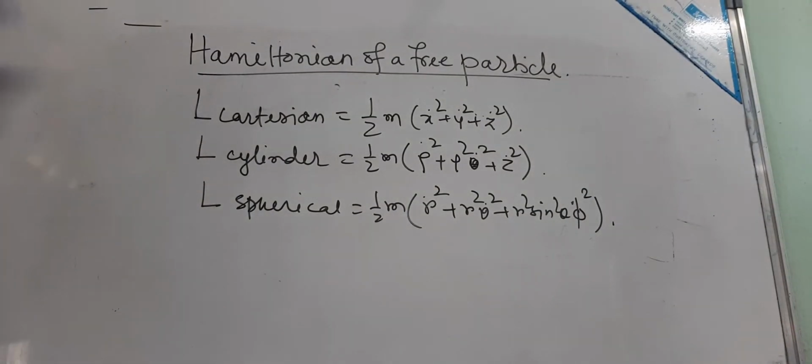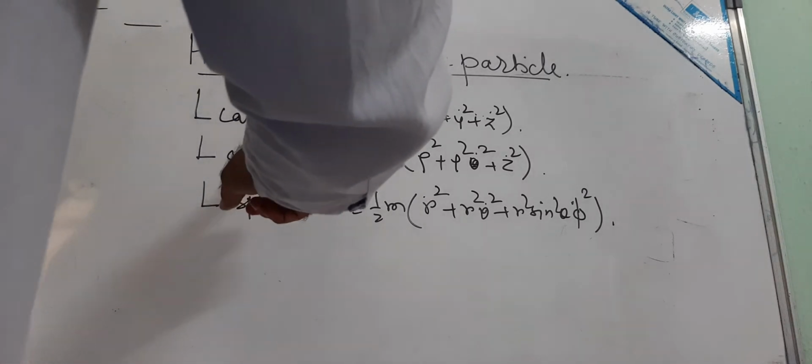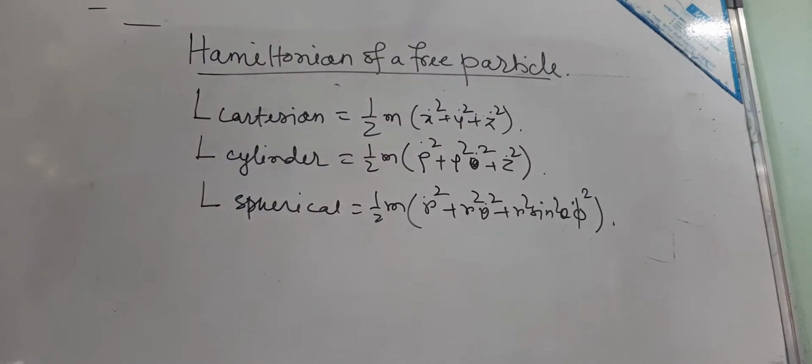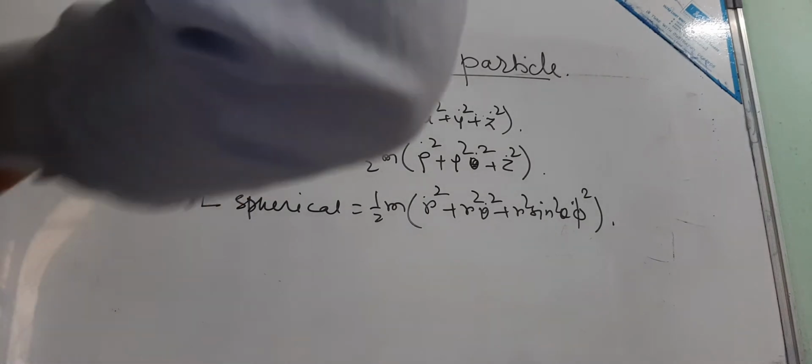So these are our Lagrangians in the Cartesian, cylindrical and spherical coordinate systems.